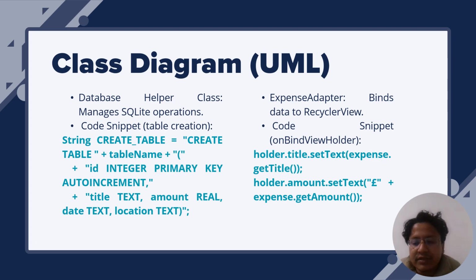Notice the check constraint, it blocks invalid amounts like minus 20. The default keyword ensures location is not left blank; Personal Expense Tracker fills it with Unknown automatically.